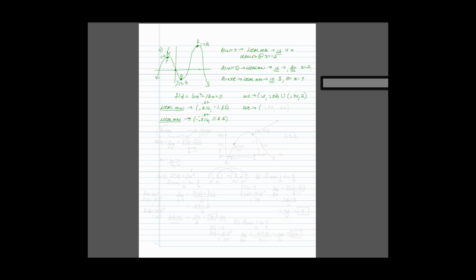It's decreasing when x is from the max point down to the min point. That's the only place it's decreasing. So from the max x, which is negative 0.82, down to the min point, which is 0.82. So that's the interval that it is decreasing on.